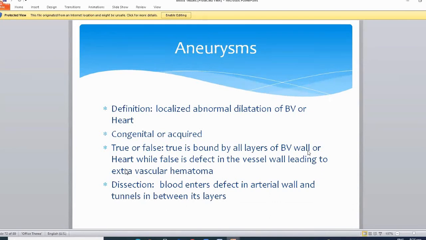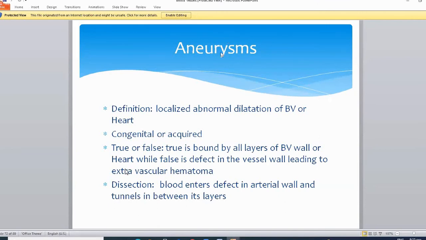These are intima, media, and adventitia, as we know from histology. A false aneurysm is just a defect in the vessel wall leading to extravascular hematoma formation. You can take the example of any tear in the heart or any tear in the vessel. So it will not be bound by all the layers of the blood vessel.